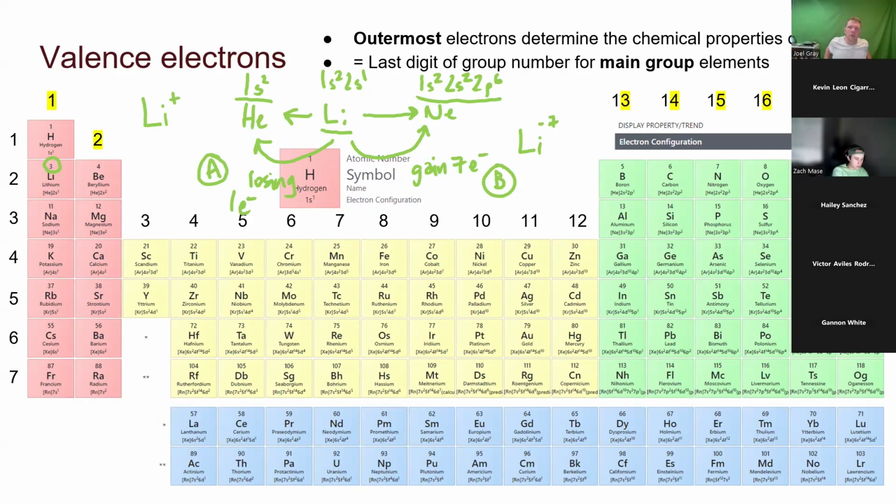So to lose one is the same challenge as to gain one. Kelly, you're right. Lithium is more likely to lose one electron and take on that electron configuration equal to helium than it is to gain seven.